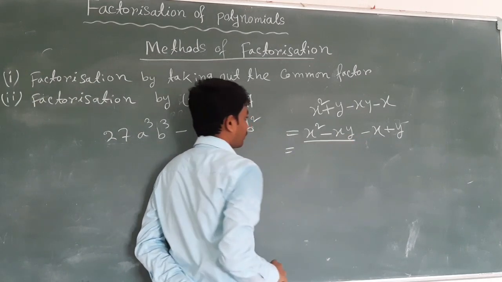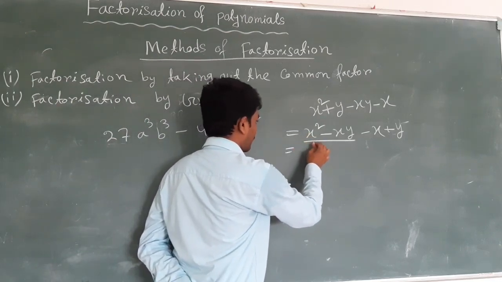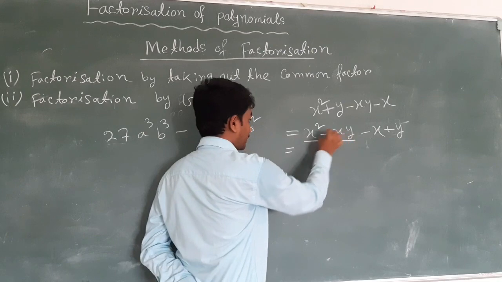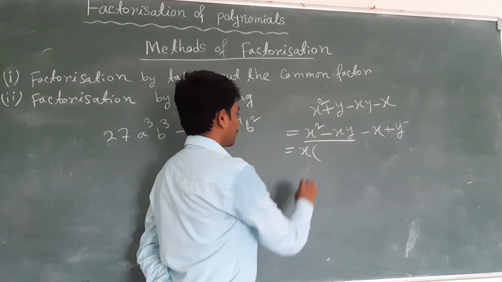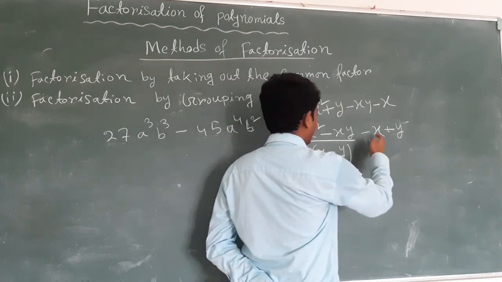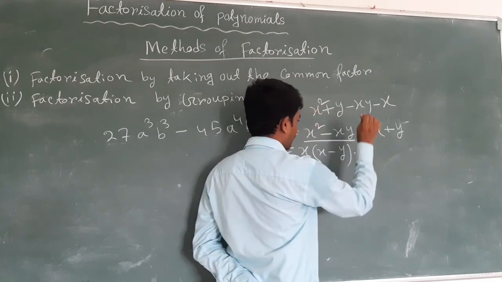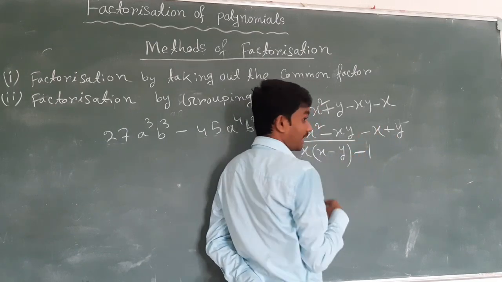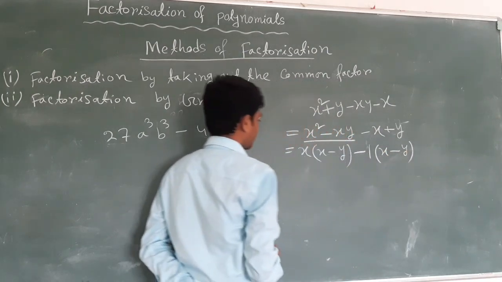From the first and second terms, we have a common factor, that is x. So x is taken out common, so x minus y. And from the second, third and fourth terms, we can take out minus 1 as a common factor, that is x minus y.